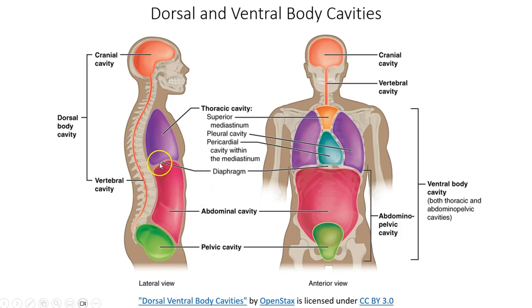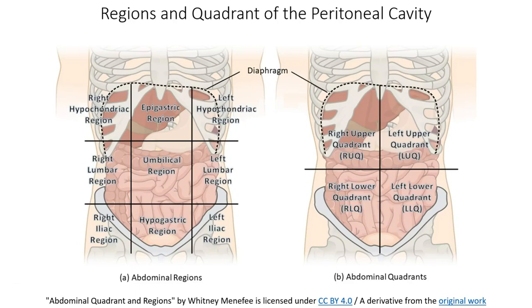Again, that diaphragm, a flat muscle that we'll talk more about in lab, is going to be right here between the thoracic and abdominopelvic cavity. And then within the thoracic cavity, we have the pleural cavity shown here in purple that's going to have the lungs, and then the pericardial cavity that is going to house the heart. All right, so those are all of our body cavities.